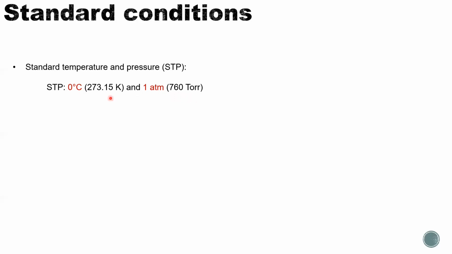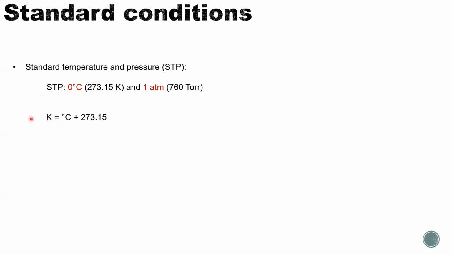And when we talk about gas under standard conditions, if we're given the degrees Celsius, sometimes you need to convert that to Kelvin in order to use the ideal gas law equation.